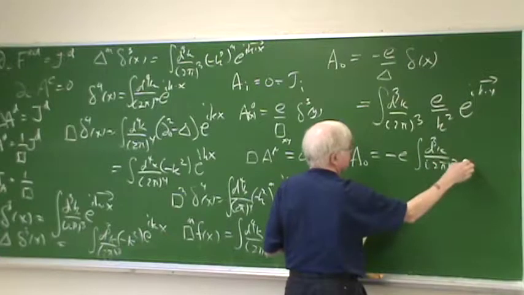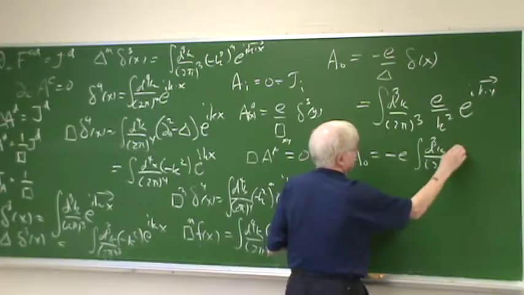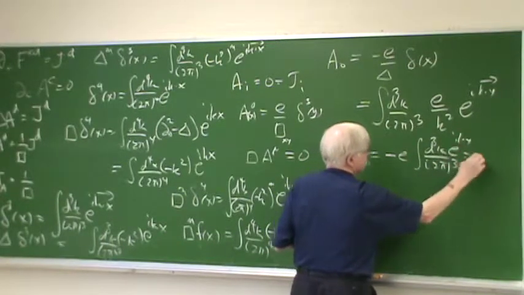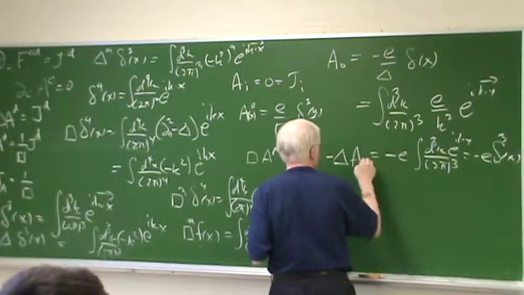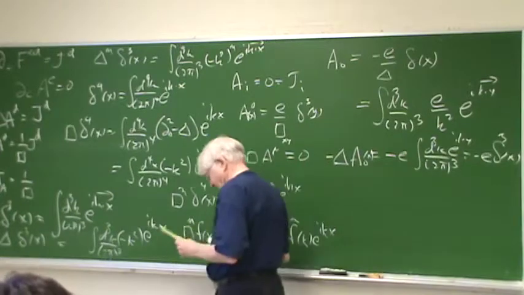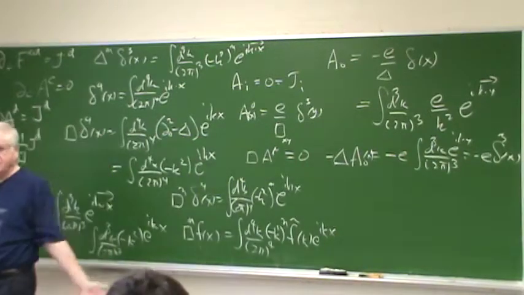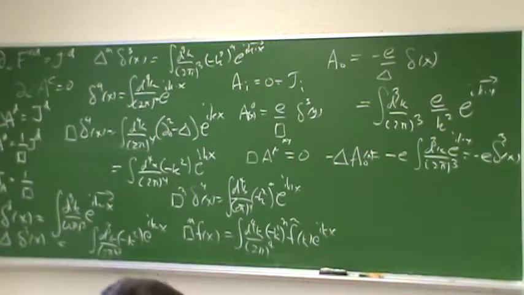The k squareds cancel, the minus sign came out, e to the I kx, and this is just minus E delta cubed of x. So that's then a solution to the differential equation.